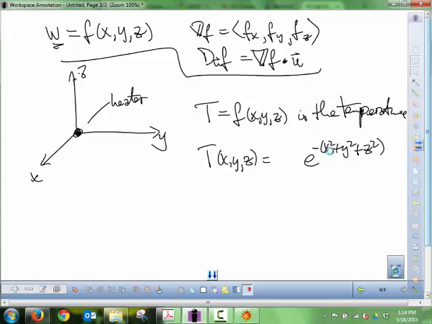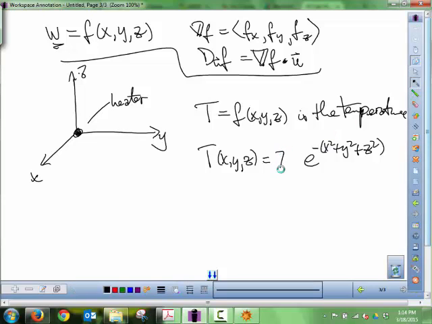And so how hot is the heater? 72. And we can decide whether this is Fahrenheit or Celsius.